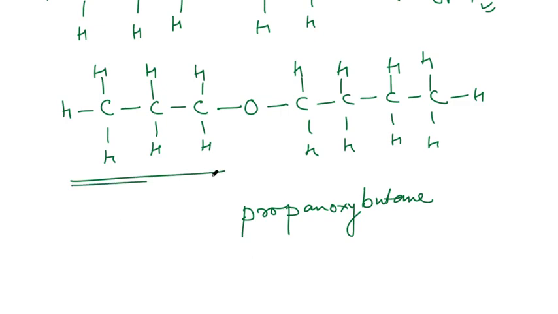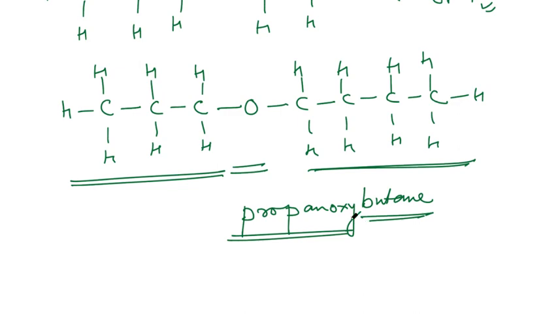Because it is three carbon, oxygen will be added to this carbon, and this is four carbon, so we write its name at the end, butane. So it is propanoxybutane. This is how we name alcohol and ethers.